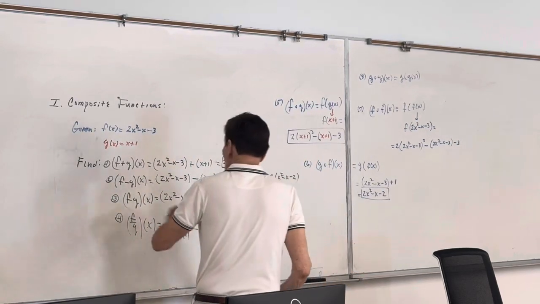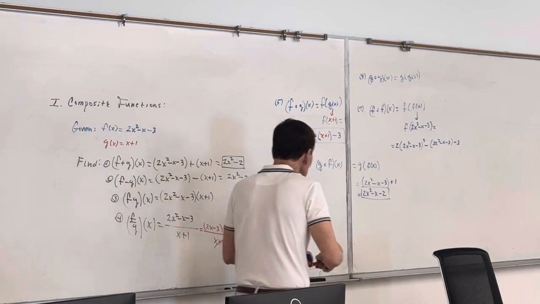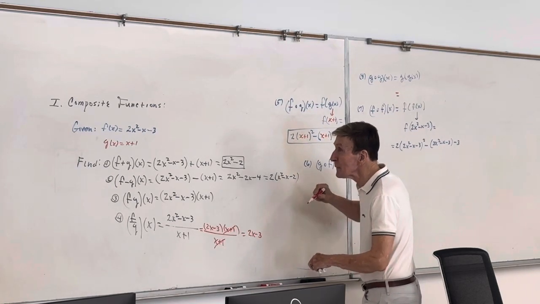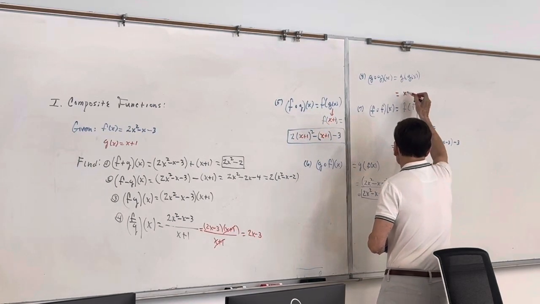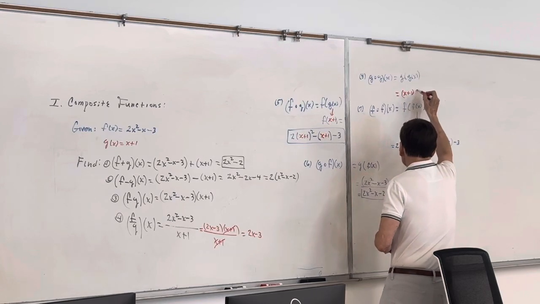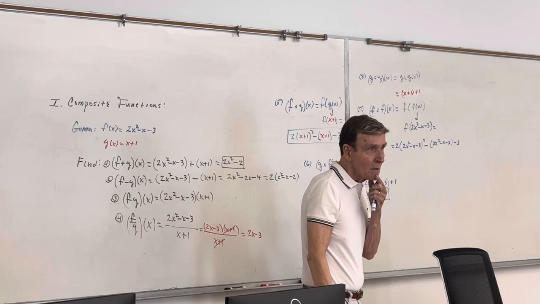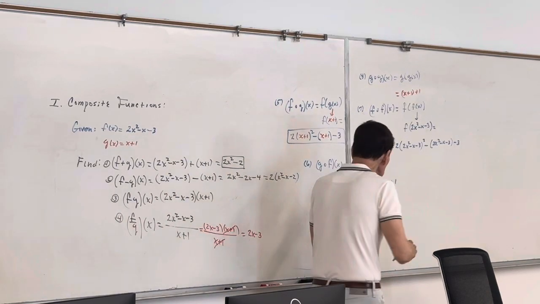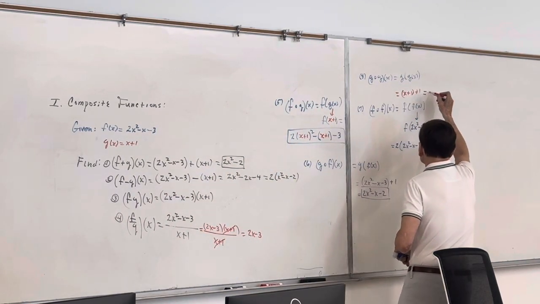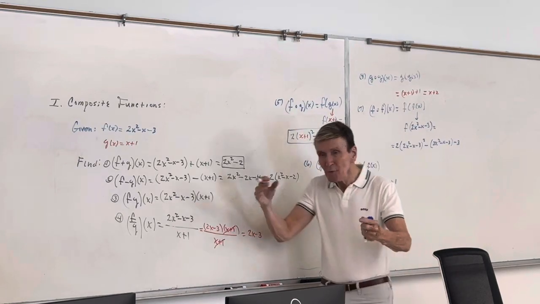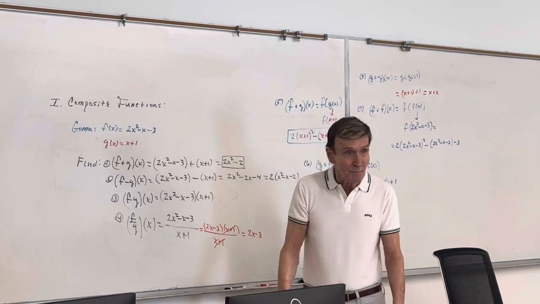Here's my red g. If I take it back into itself, does that mean x plus 1 plus 1? Yes or no? Which is essentially x plus 2. And you have all of the so-called composites, placing one function into another, done.